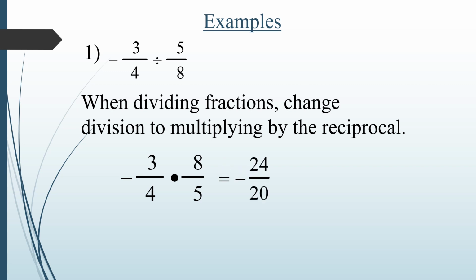Negative 3 times 8 is equals to negative 24. 4 times 5, 20. That's why we have the result of negative 24/20. Or in the lowest term, by 2, so maging negative 12/10. Then negative 6/5, or negative 1 and 1/5 pag mixed number, right? Divide nyo lang yung 6 by 5. Negative 1 and 1/5 or negative 6/5.